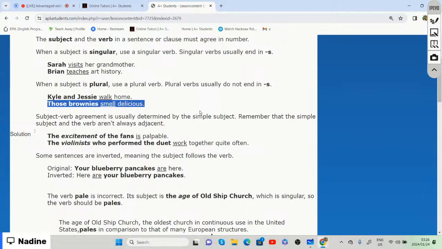And we need to remember that a simple subject and the verb aren't always adjacent. For example, the excitement of the fans is palpable, and the violinists who perform the duet work together quite often.